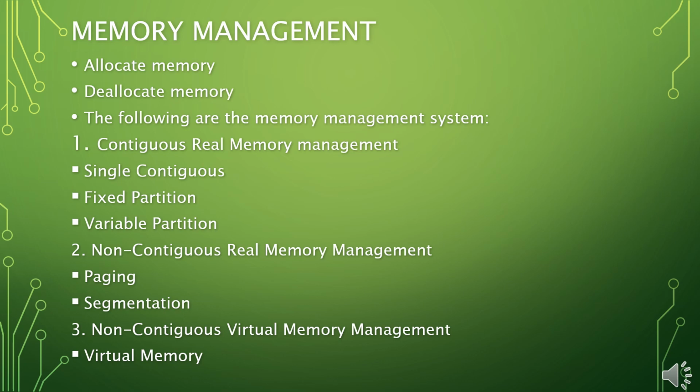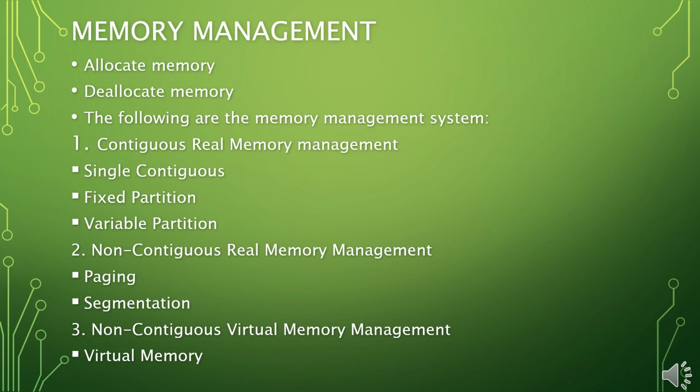Now, the following are the different memory management systems which we will learn and which are used by the hardware for the management of the memory. The first one is contiguous real memory management, which has three techniques: single contiguous, fixed partition, and variable partition.